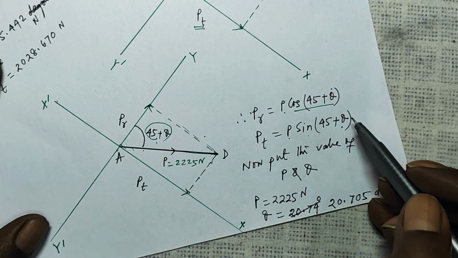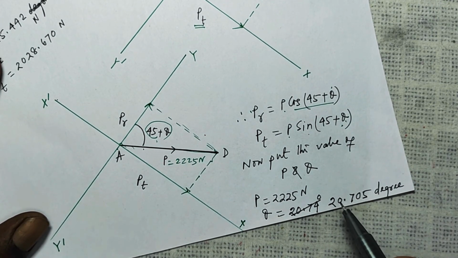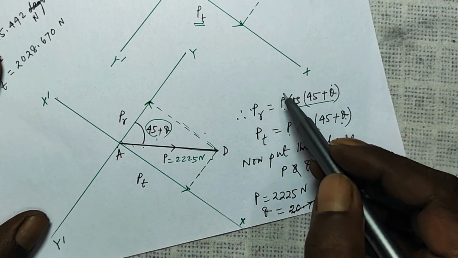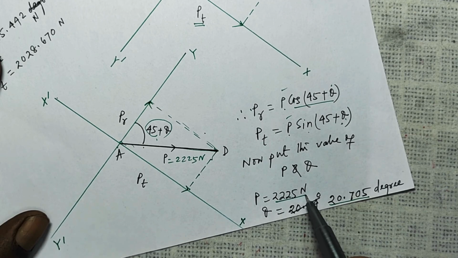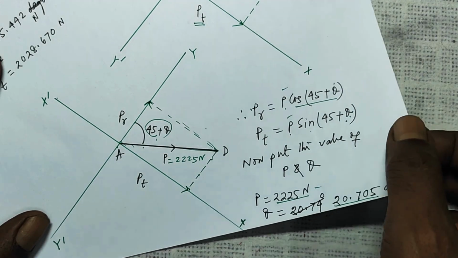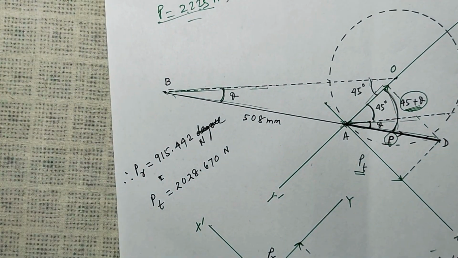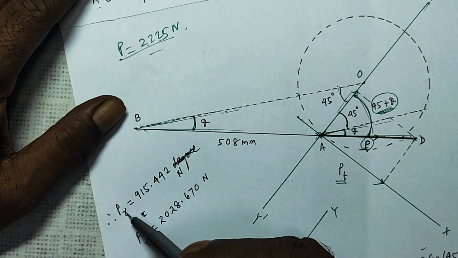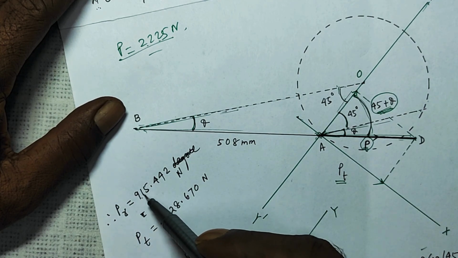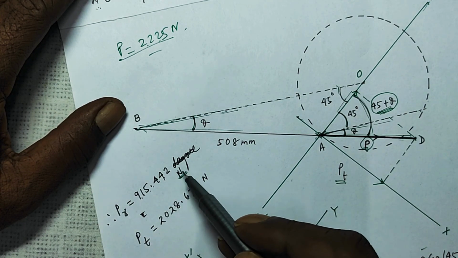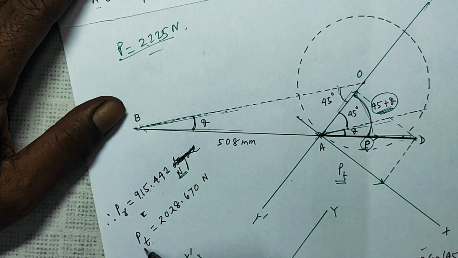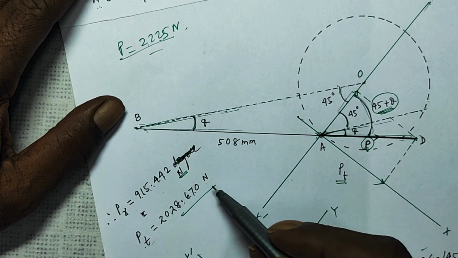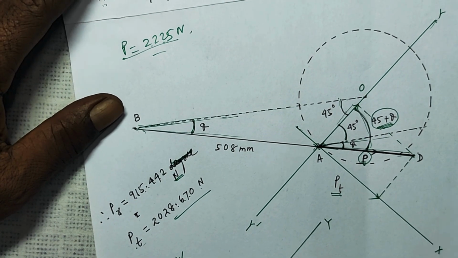Theta we calculated in the previous video as 20.705, and P was 225. Just using a scientific calculator, your radial component of the force P comes out to be 915.442 Newton, and your tangential component comes out to be 2028.670 Newton. Okay, thank you.